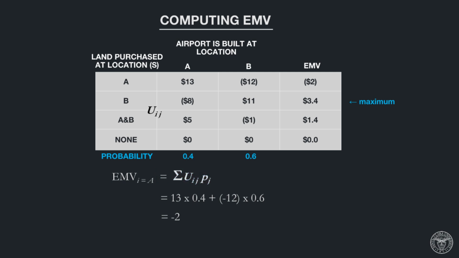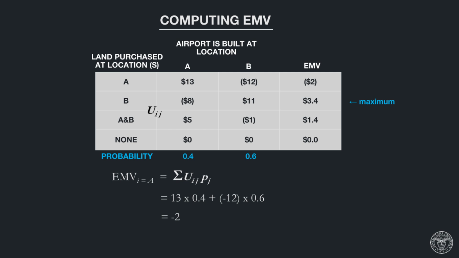For j equal to A, we have 13 times 0.4. And for j equal to B, we have negative 12 times 0.6. We sum these two items together and get negative 2. In other words, the expected monetary value if the decision is A is equal to negative $2 million.